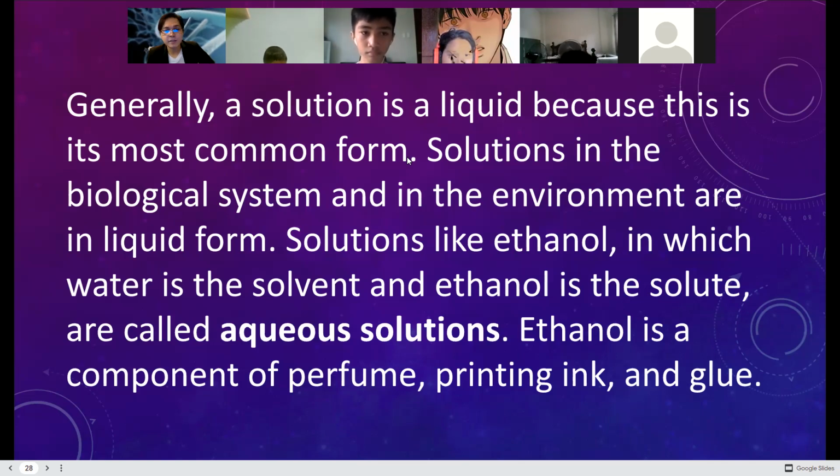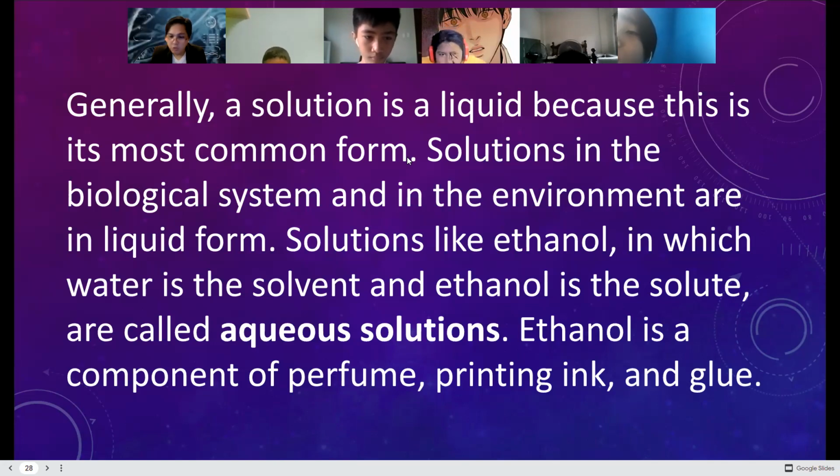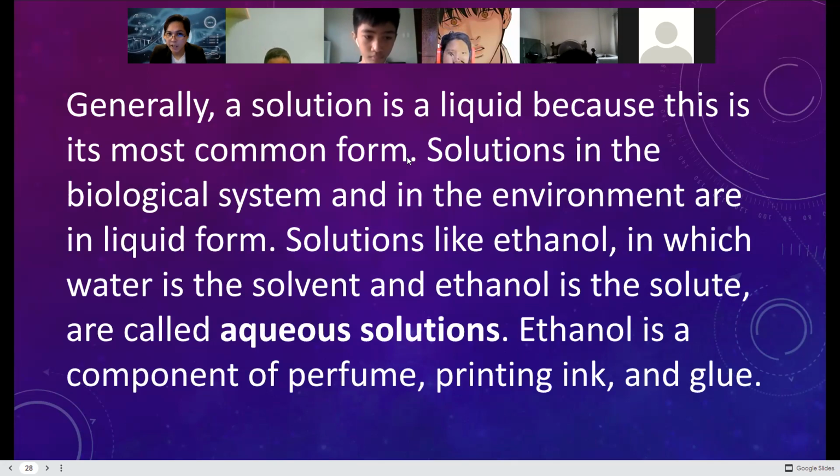Ethanol is a component of perfume, printing ink and glue, and of course your rubbing alcohol, which is actually composed of ethanol and isopropyl alcohol.